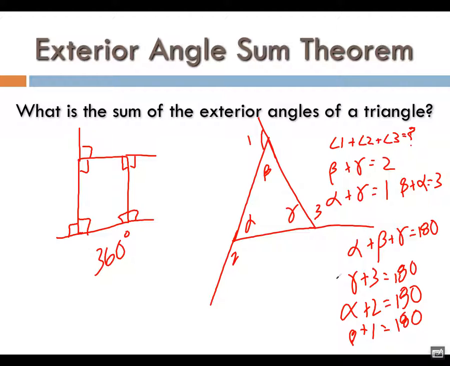What's 180 times 3? 540. But he said 360. Yeah, because it'd be double alpha, beta, gamma.